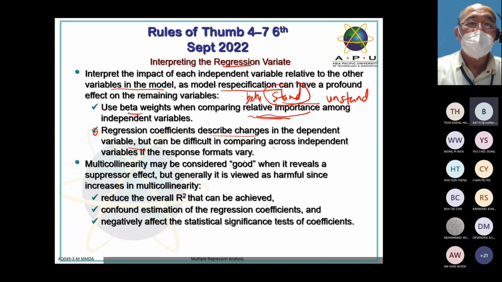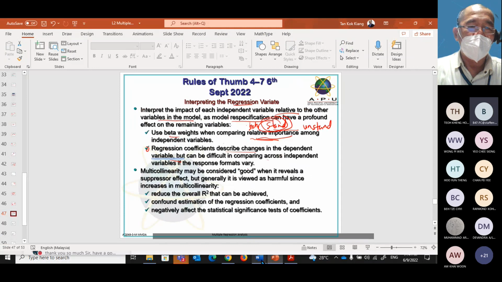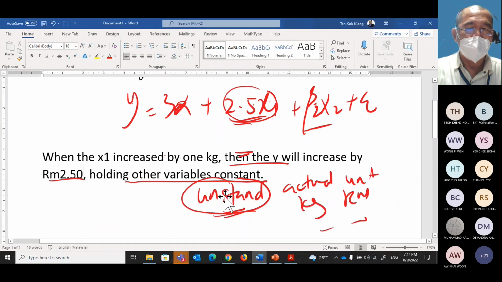Yes, correct. So you see each variable is more important, therefore we use the standardized. To tell which independent variable is more important, we use standardized. But to interpret the equation, the relationship between the IV and the DV, use the unstandardized. Yes, correct.